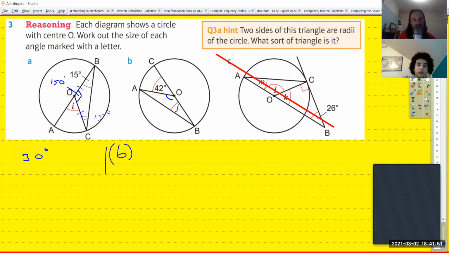That's 138. So angle A is 21, and so is B. That's it. So J is 21 degrees. Okay, so we did it forwards, did it backwards.